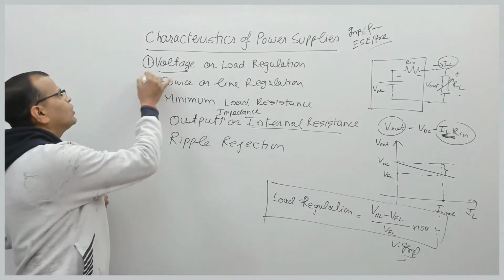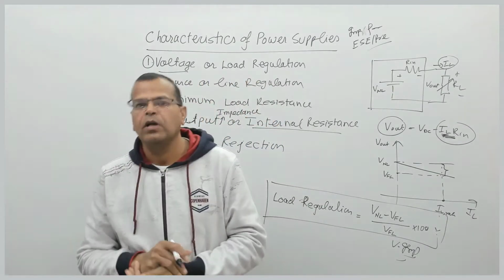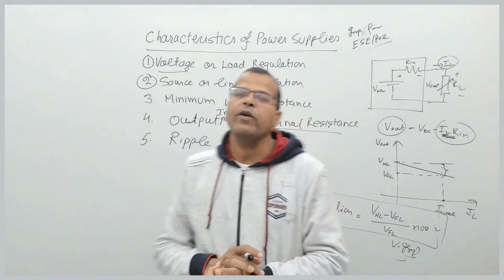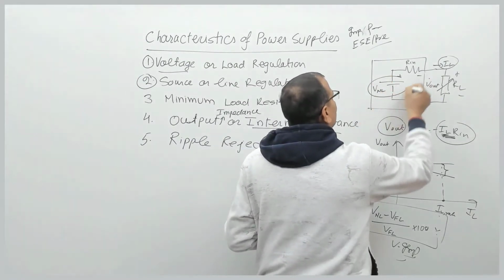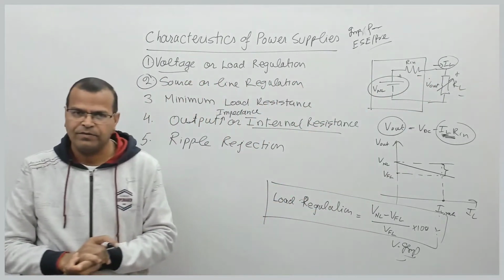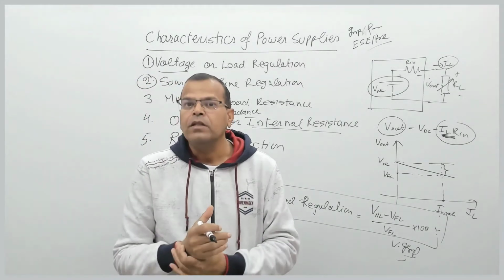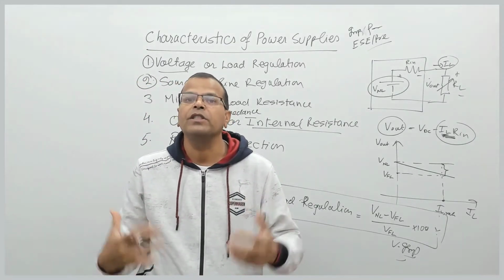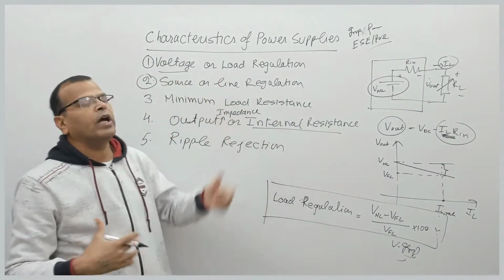Similarly, we have source regulation or line regulation. Source regulation and line regulation is defined as the change in output voltage due to change in input voltage. When you change the input voltage of a power supply, the change in output voltage is called source regulation or line regulation.